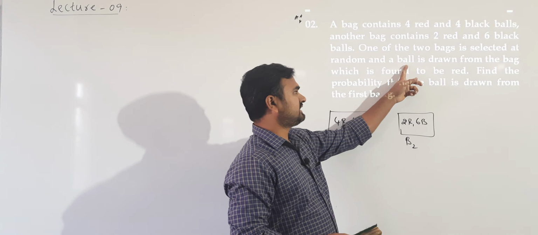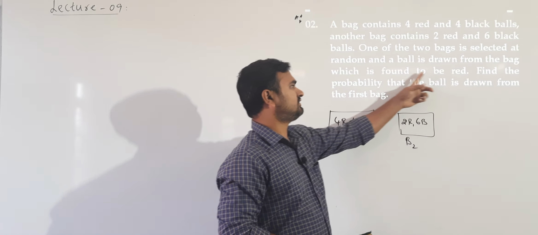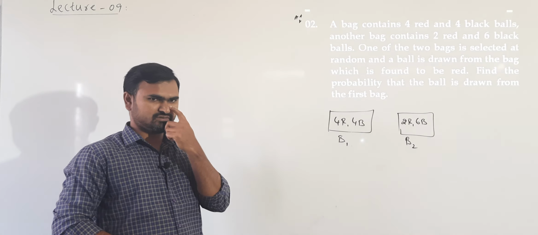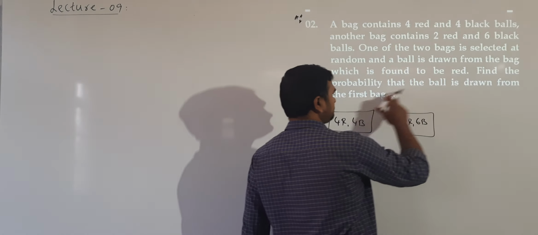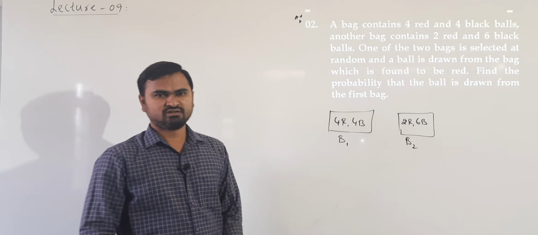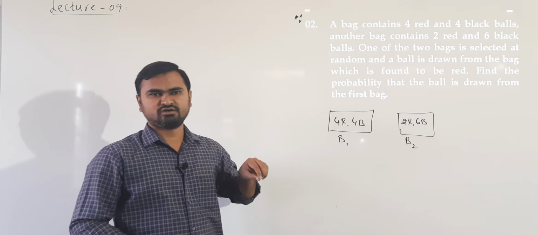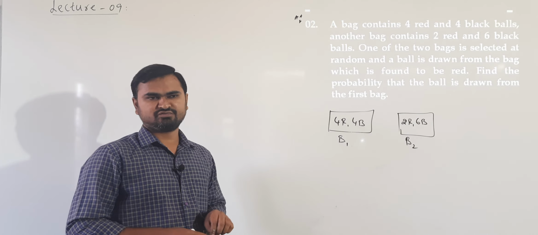One of the bags is selected at random and a ball is drawn from it, which is found to be red. So I know the color of the ball, it is red. Now find the probability that the ball is drawn from the first bag. Red means it can be coming from which one?